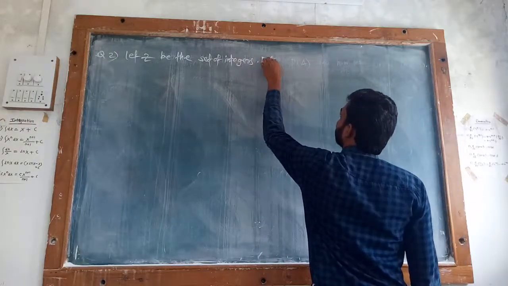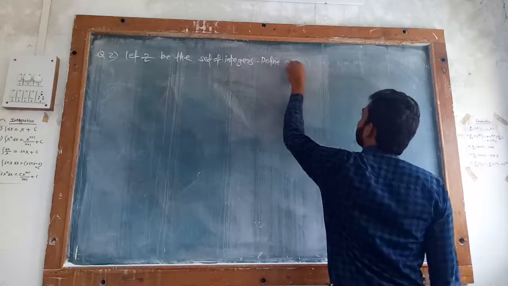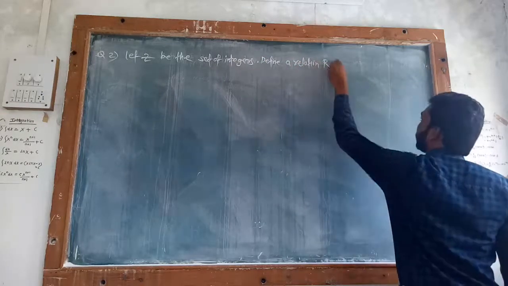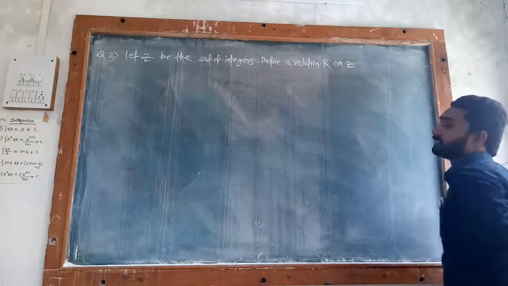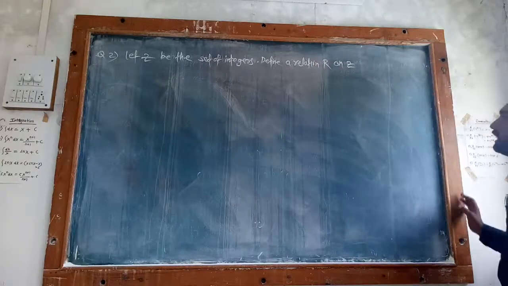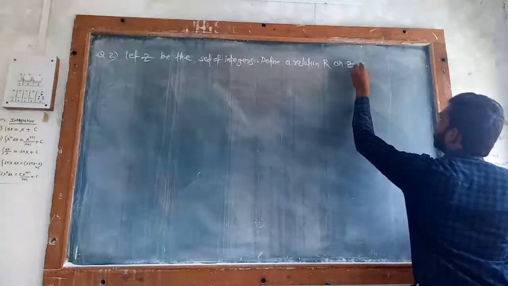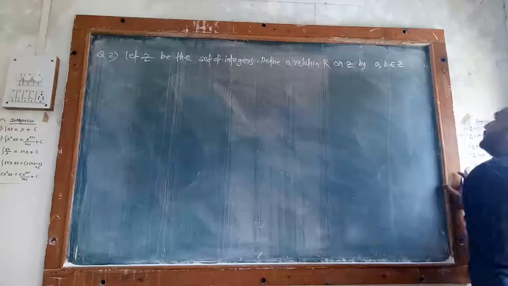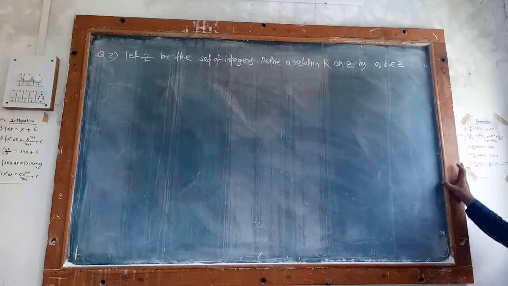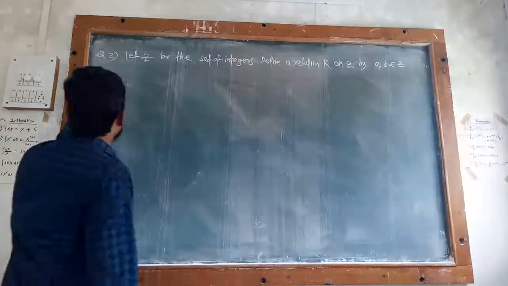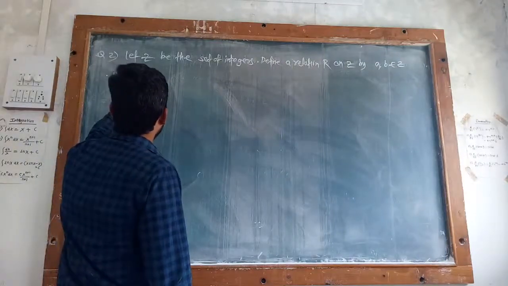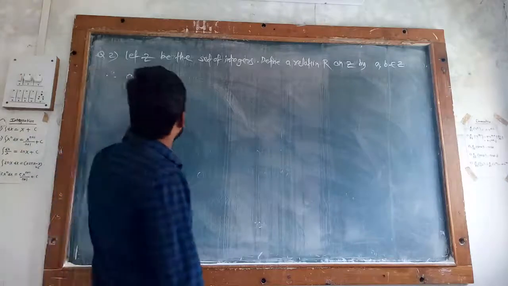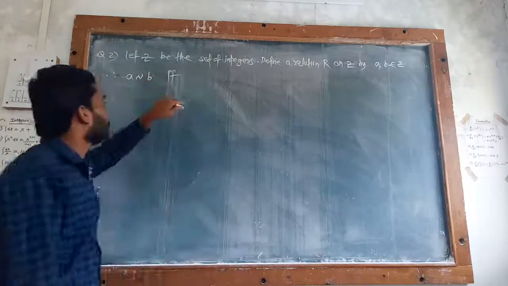Define a relation R on the set of integers by: let a, b be integers. We have to define a relation that is a equivalence b. When is a equivalent to b?